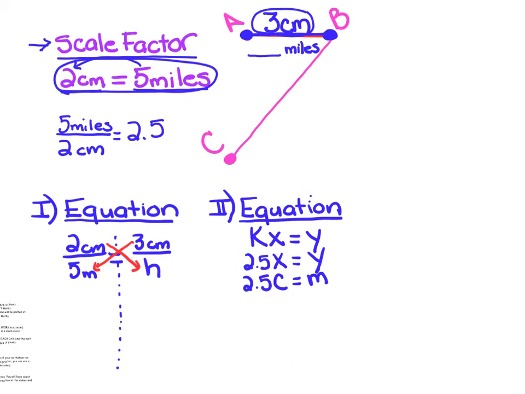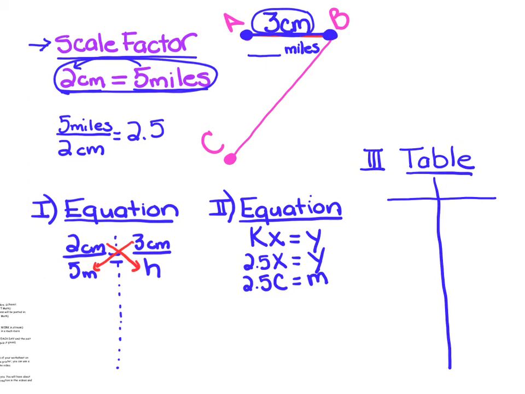But the third technique is my favorite. It is called the table technique. In your notebook or on your sheet of paper, please record all these notes. Set up a table. If you need to, pause the video and catch up on your notes. Now, we know X represents our centimeter measurements and Y represents our miles measurements.